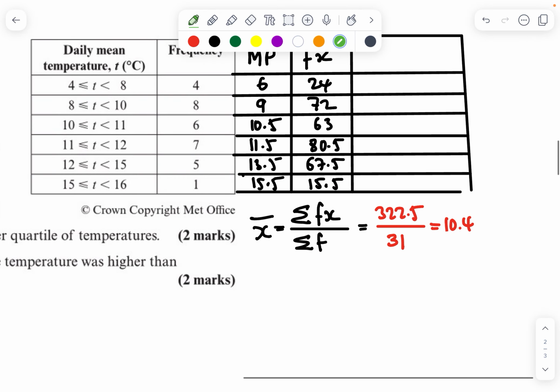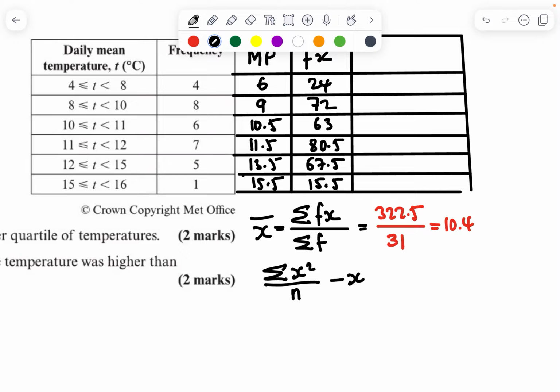Now I need the standard deviation. Okay, so the formula booklet will give me the standard deviation. Okay, and what I need is the sum of x squared divided by n, and I'm going to take away from that my mean that I just found squared.